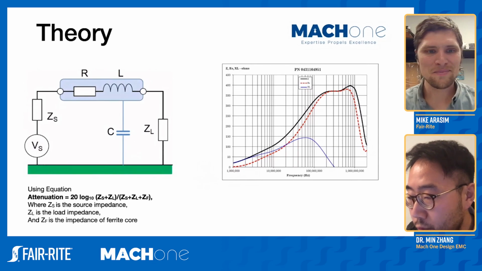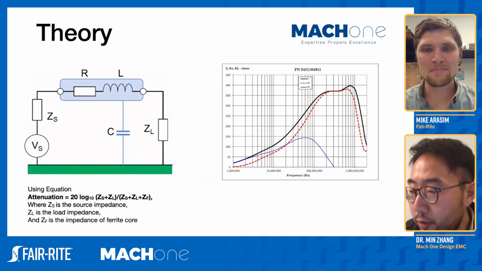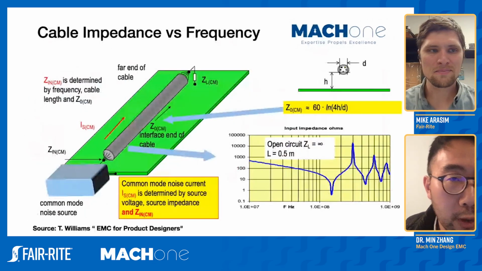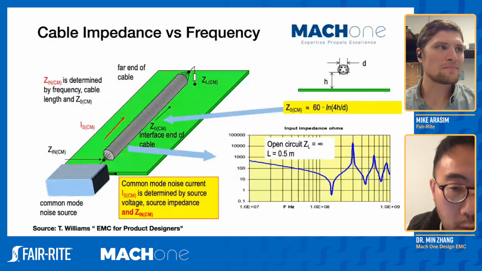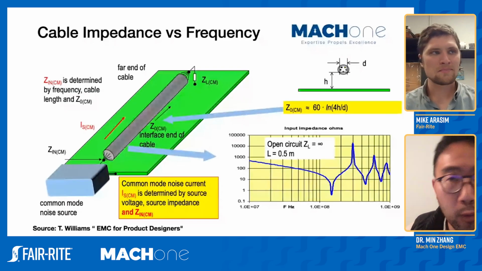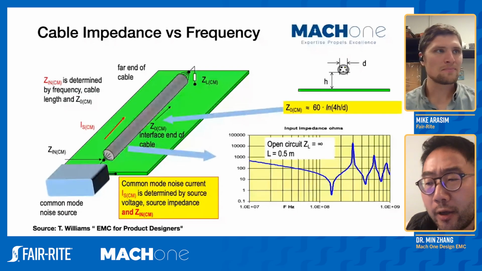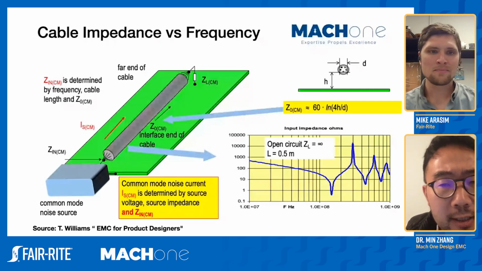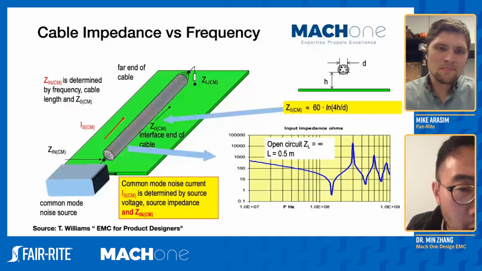So now let's move on to the next slides. This is interesting because when we are using a ferrite core, especially the cable ferrite core, we use it on cable. And the cables can be meters long or centimeters or tens of centimeters long. Another tricky thing about cable connection is, again, you don't really know.